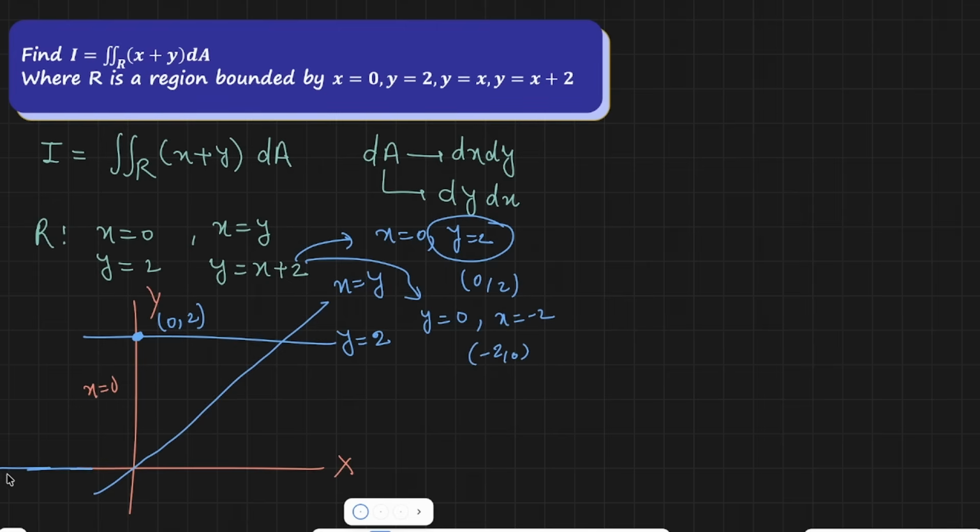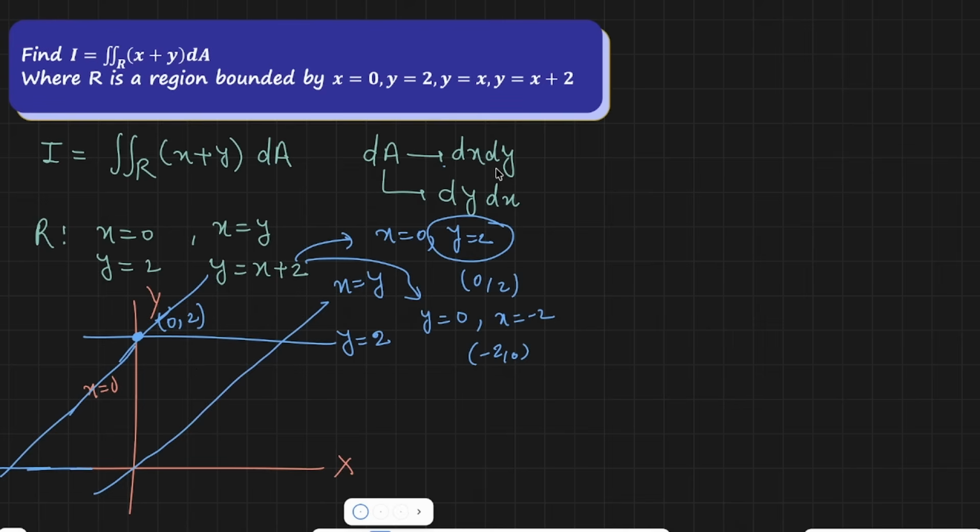So from here it will be like this. This is my region, but since x equals 0 is also given, only the positive region is taken. Then what will be the limit? Now just try to understand the limit of x and the limit of y.